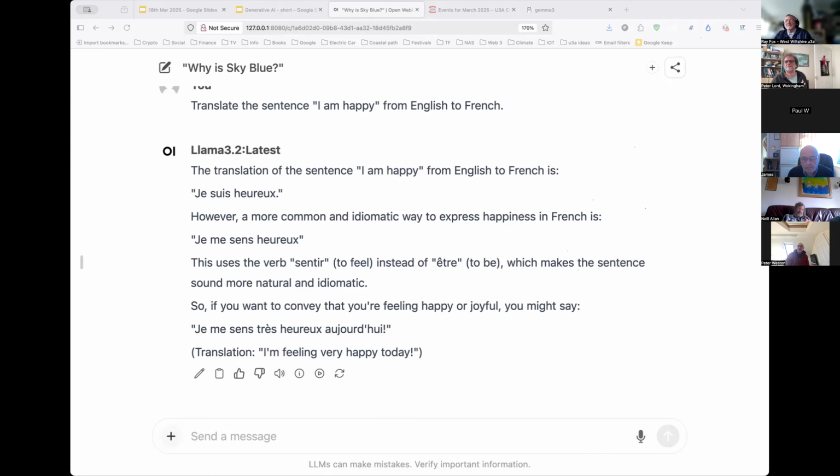Ray, you got your hand up. Yeah, sorry. Just for context, if you ask it more of what I would call factual things, like, for example, doing a tax calculation, is it better or worse than the more softish stuff?